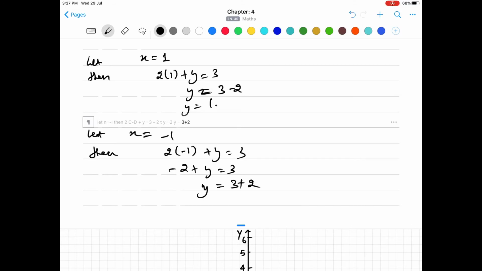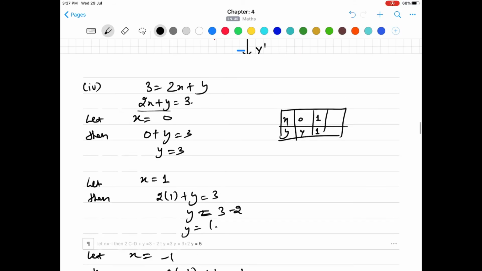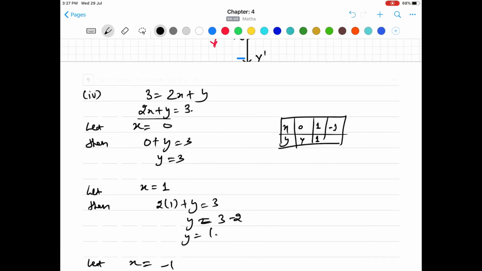This minus 2 will become plus 2, or y will be equal to 5. So when x is minus 1, y is equal to 5. Now we have to plot these points on the graph paper.